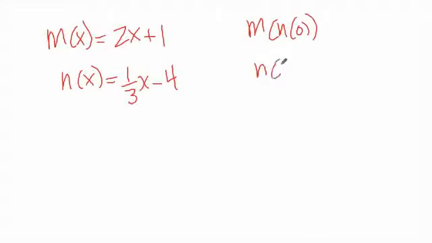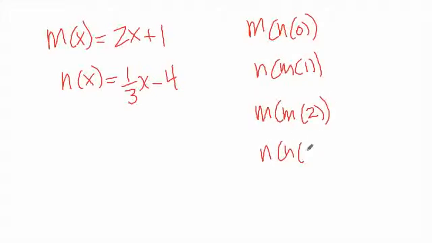Would you calculate n of m of 1 and m of m of 2 and n of minus 1? So if you start stacking functions, there's no reason you can't embed the same function inside itself. Okay, so try these. Let's see if you can pull these off.